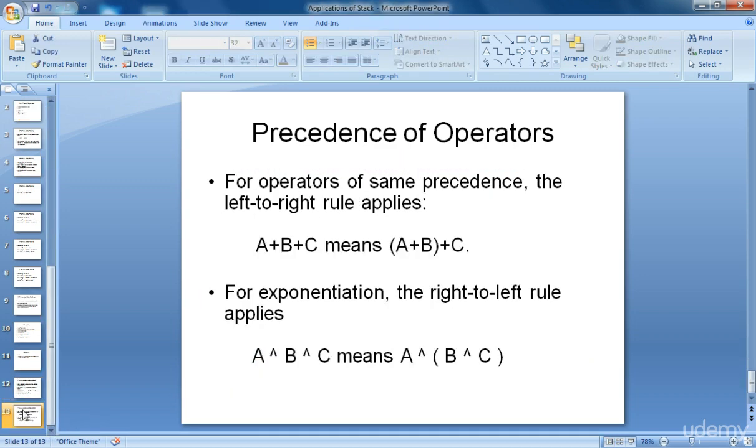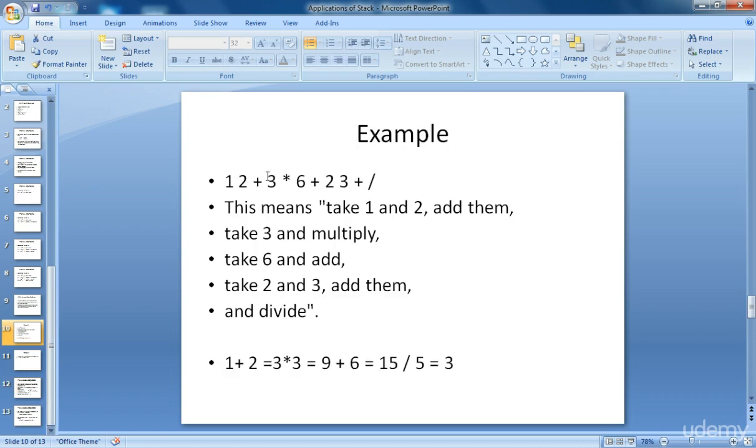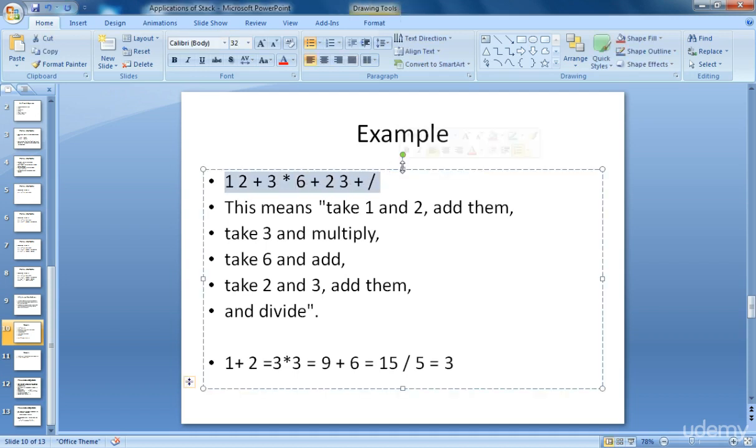So here is the example. We will use a stack to evaluate our postfix expressions. How we will use this, I'll explain in later videos.